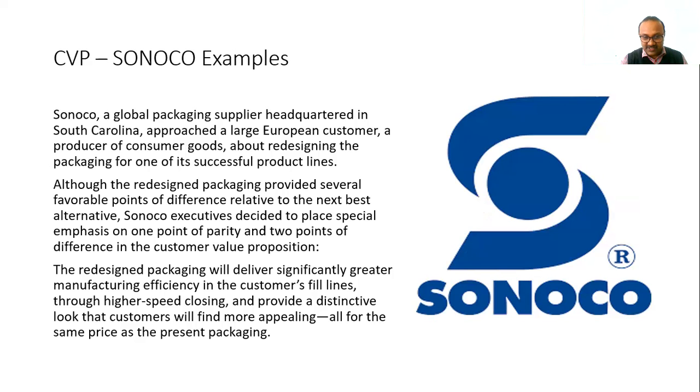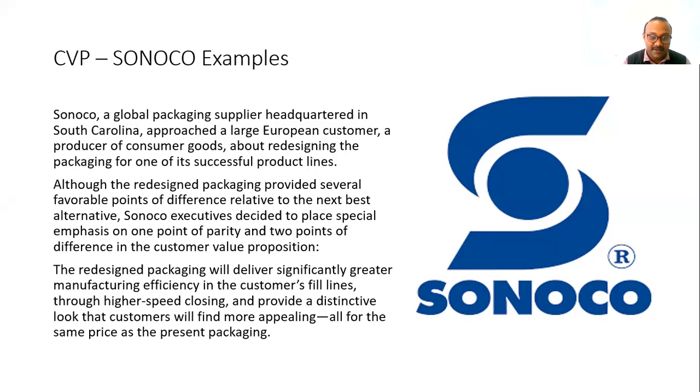Okay, so we have this example of Sunoco, and then I will give you one example from Uber, right? So Sunoco is a global packaging supplier headquartered in South Carolina. It approached a large European customer, a producer of consumer goods, about redesigning the packaging for one of its successful product lines, right?